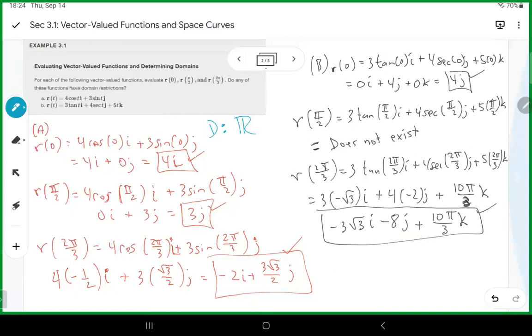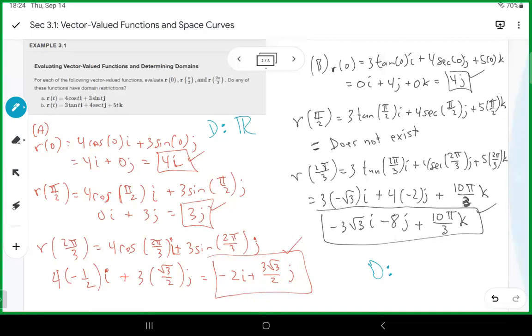All right, and then your domain for this one, let's talk about it. To determine whether this function has a domain restriction, we would look at the following separately. So 3 tangent of t, 4 secant of t, and 5t. The first two functions are not defined for odd multiples of pi over 2.